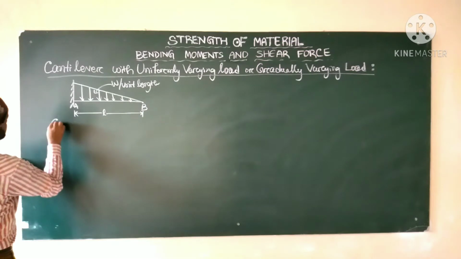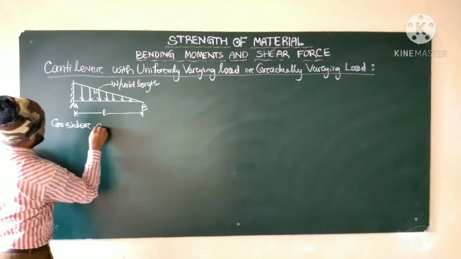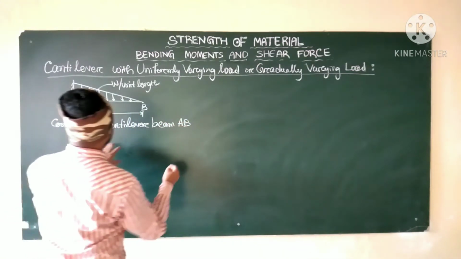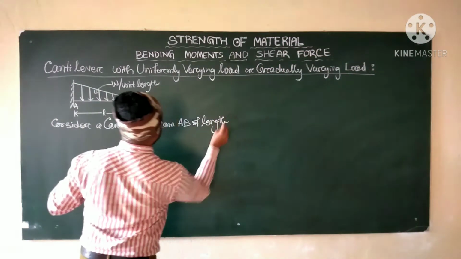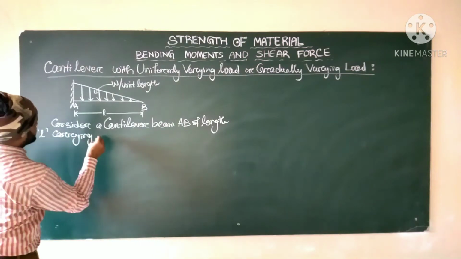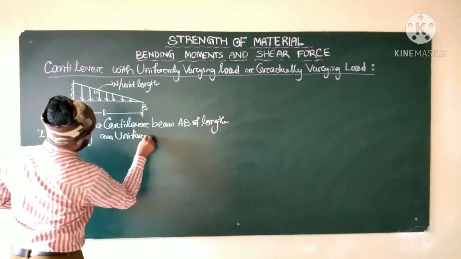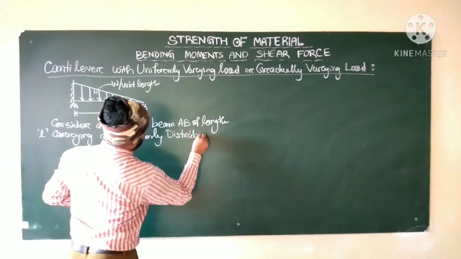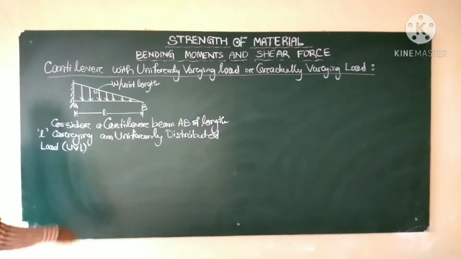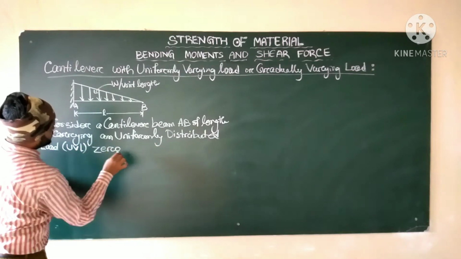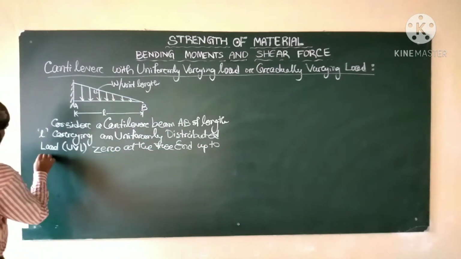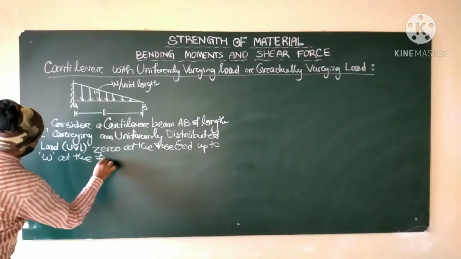Consider a cantilever beam AB of length small l, carrying a uniformly distributed load, UVL, 0 at the free end up to small w at the fixed end.